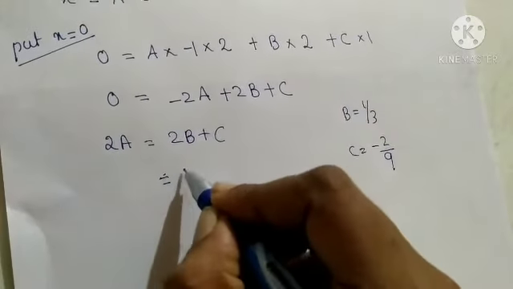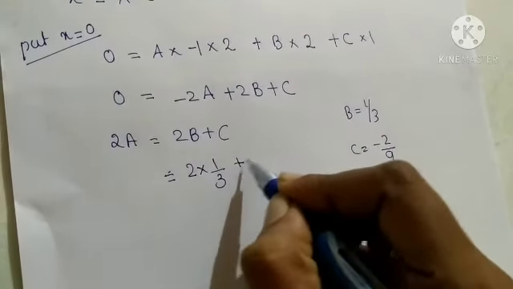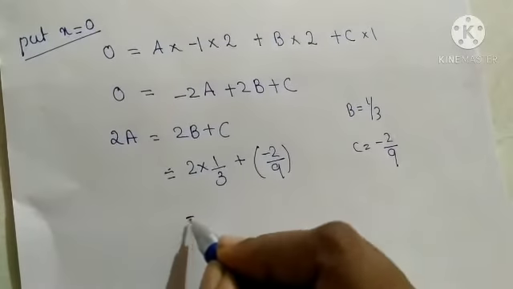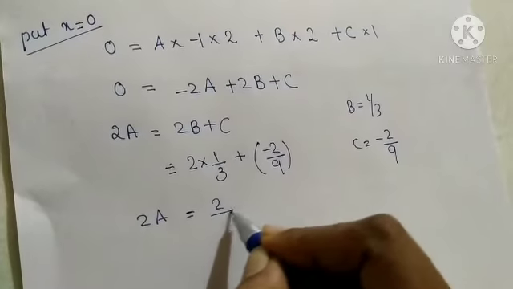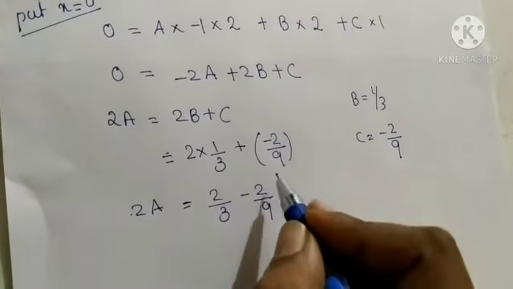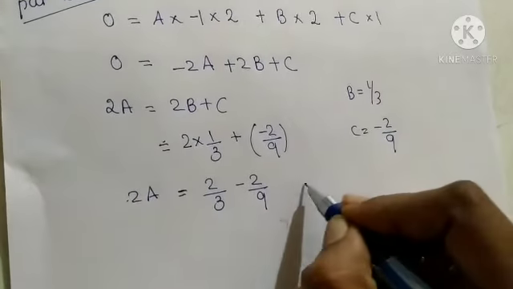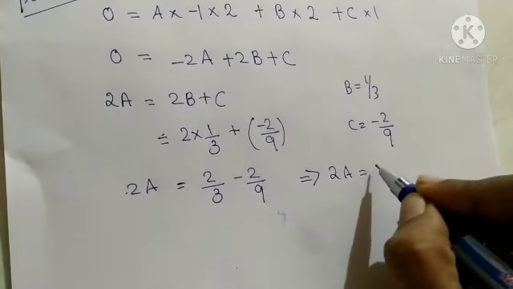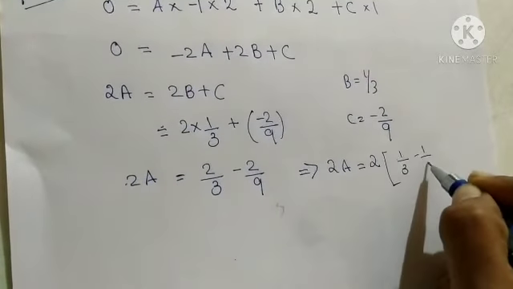So here we get 2a is equal to 2 into 1 by 3 plus minus 2 by 9, or it can be written as 2a is equal to 2 by 3 minus 2 by 9. In the LHS and RHS, 2 is common. So taking 2 outside, it can be written as 2a is equal to 2 into (1 by 3 minus 1 by 9).